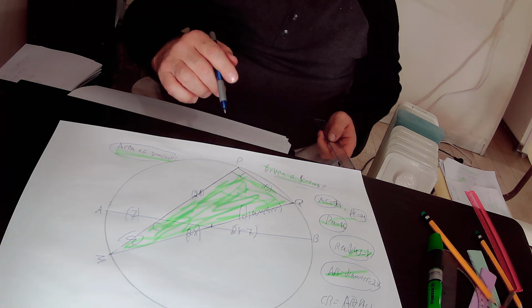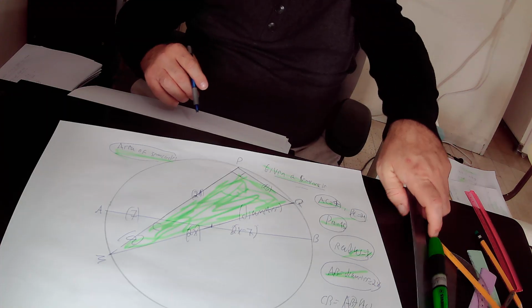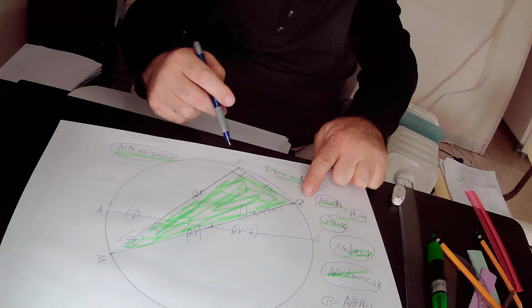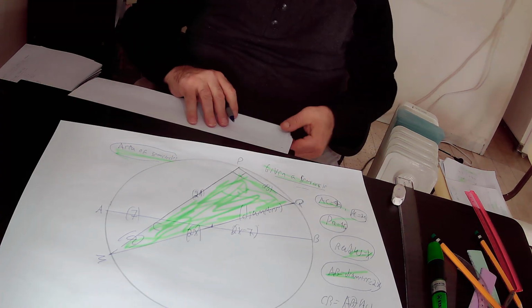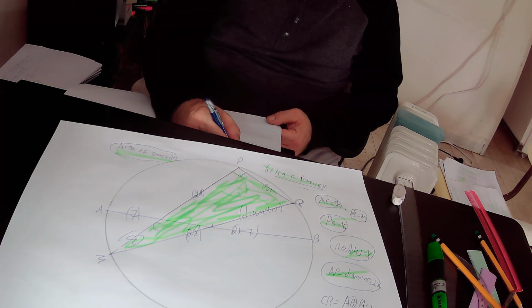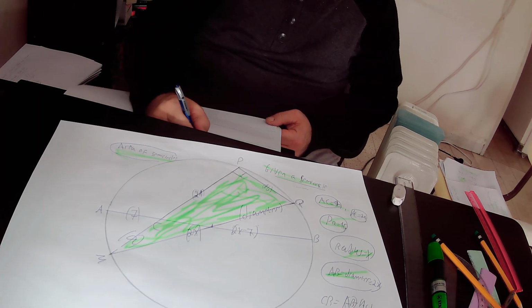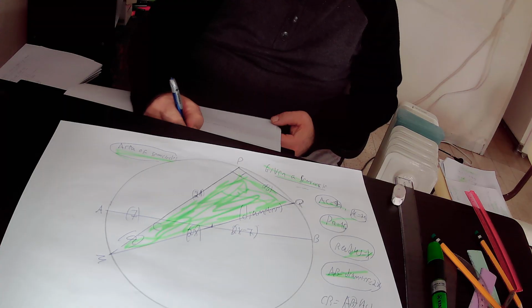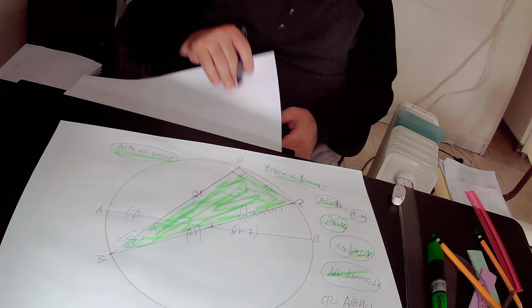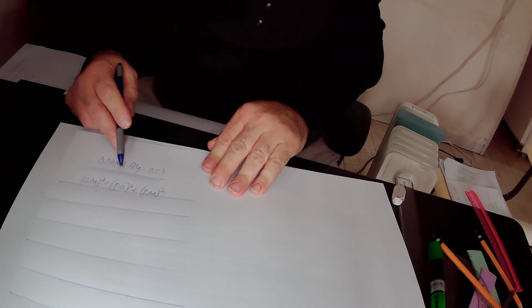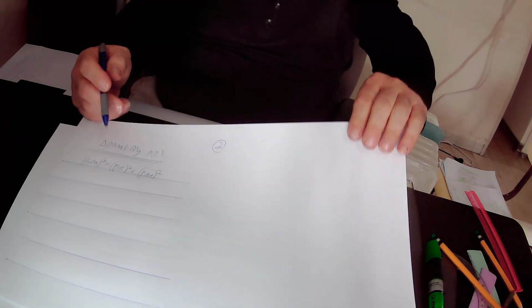So in this right green triangle PQM, according to the Pythagoras theorem, QM squared, that is the square of the hypotenuse, equals PQ squared plus PM squared.